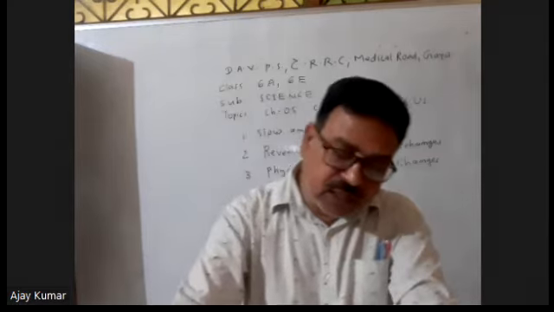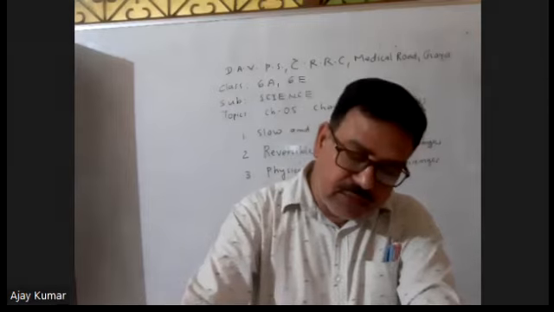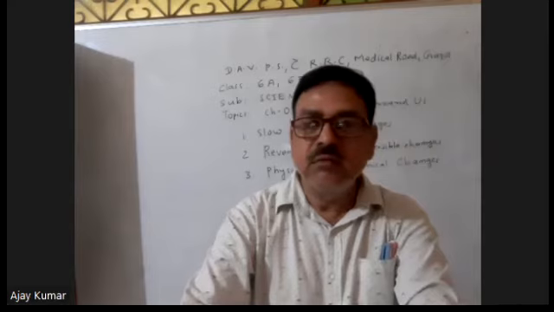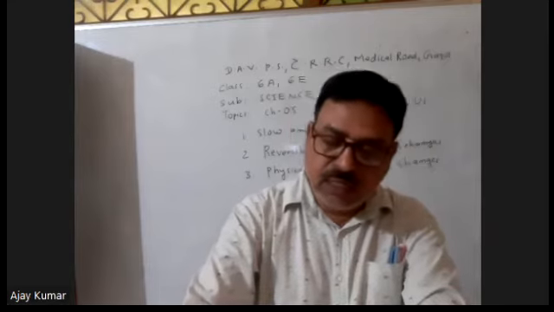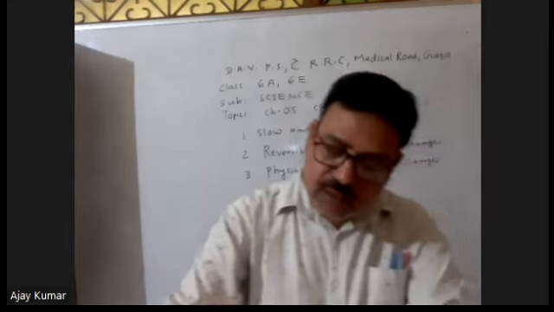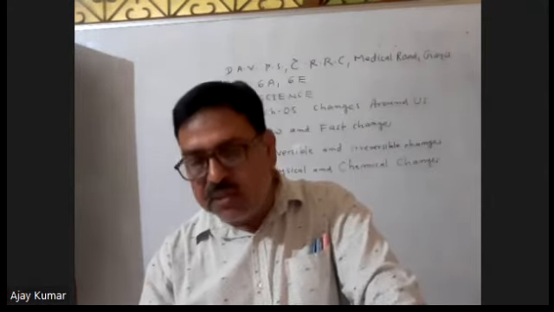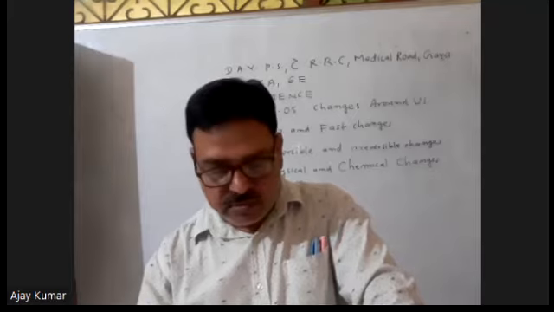Reversible changes are temporary and can be reversed when the cause of the change is removed. Irreversible changes are permanent and cannot be reversed even if the cause of the change is removed.